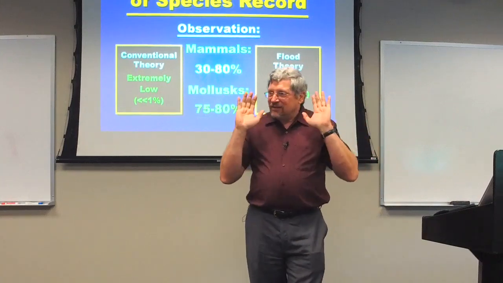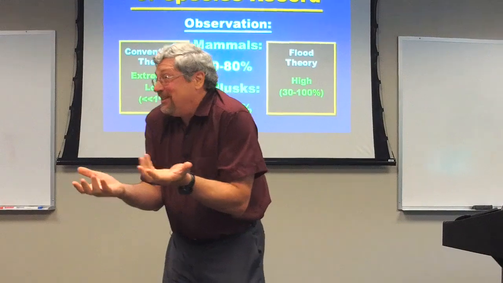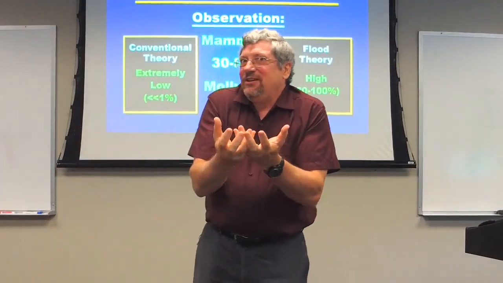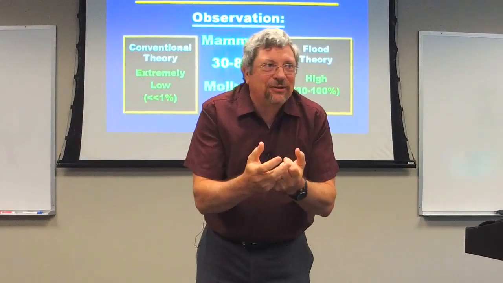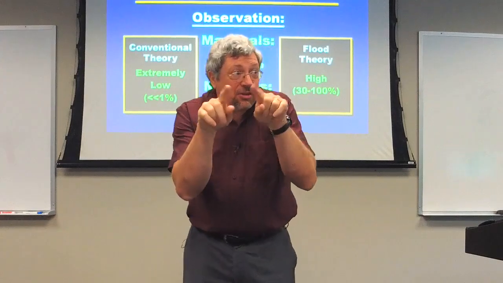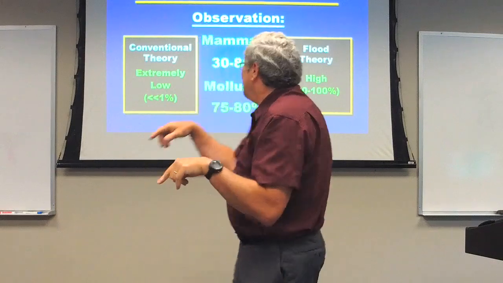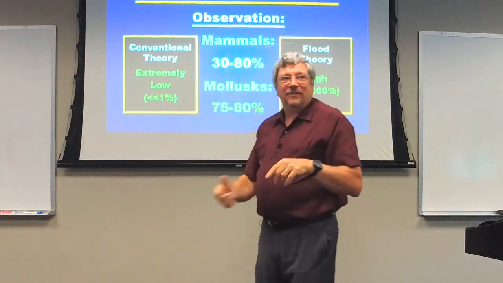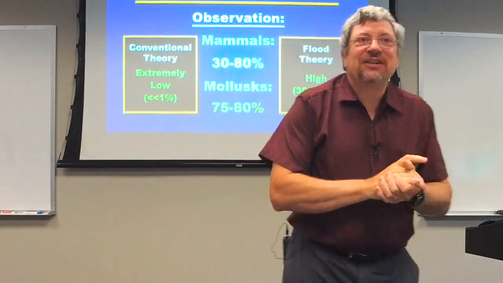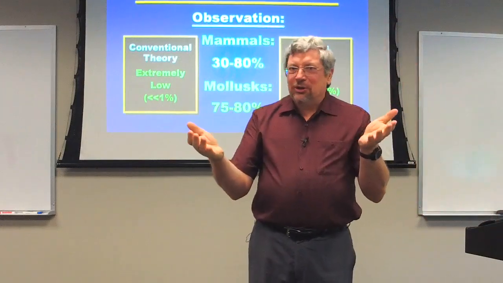But even then, just a rough estimate of the quality of the fossil record would be: there are this many mammals in Europe, and Curtain back in the 70s did this for Europe.